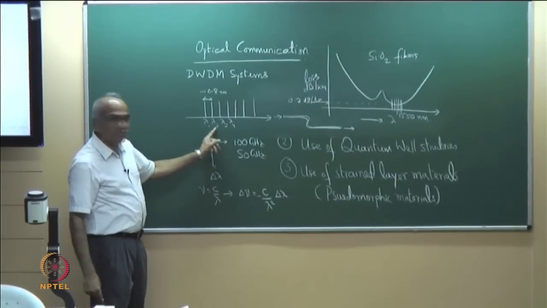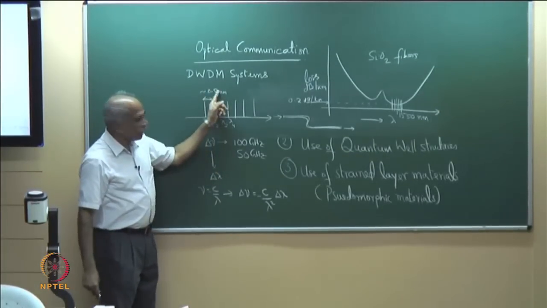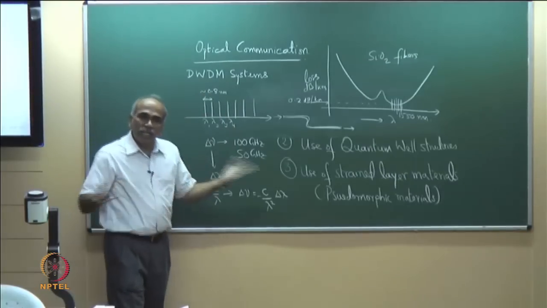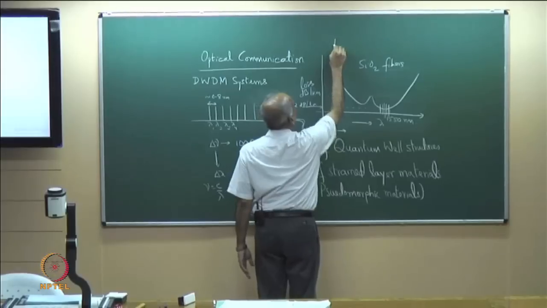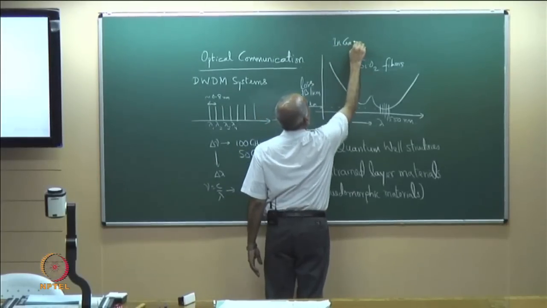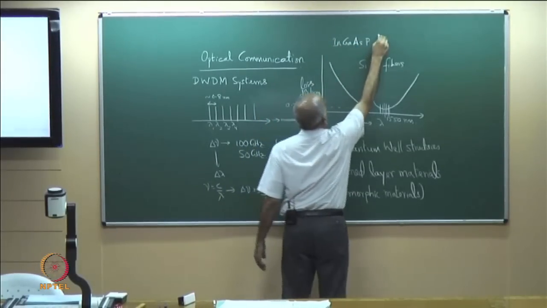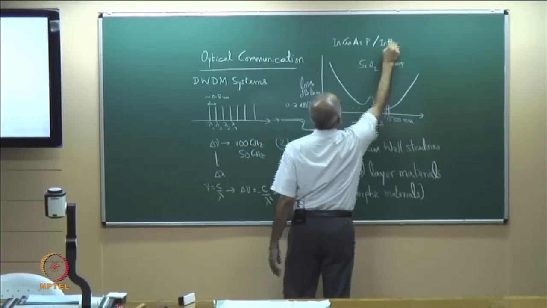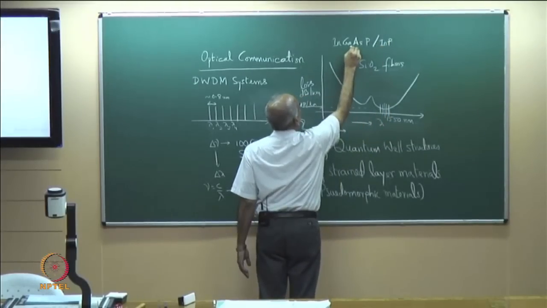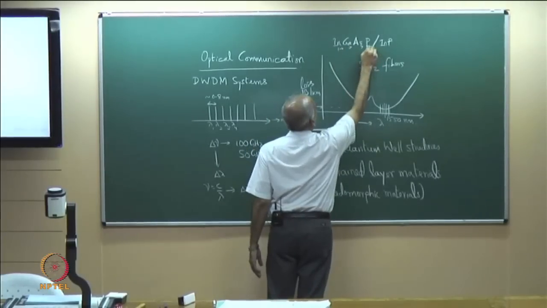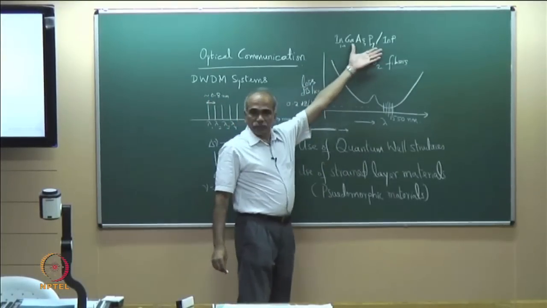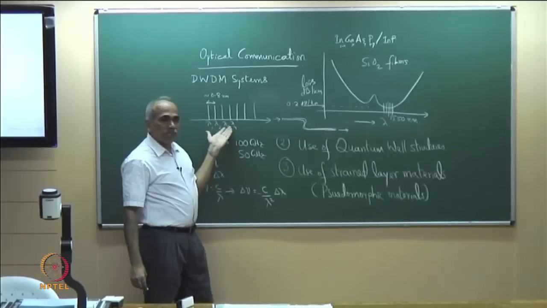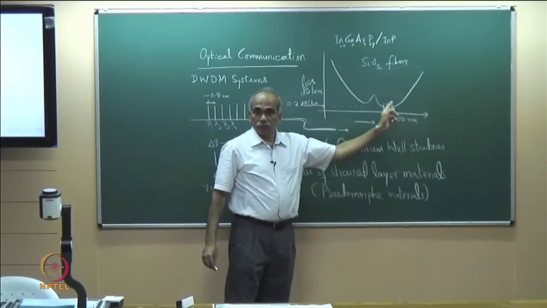So, you do not have to change the material system. For example, in communication one generally uses indium gallium arsenide phosphide on an indium phosphide substrate. So, this is gallium X, arsenic Y, indium 1 minus X and phosphorus 1 minus Y. This is the material system used to realize these lasers in the 1550 window.